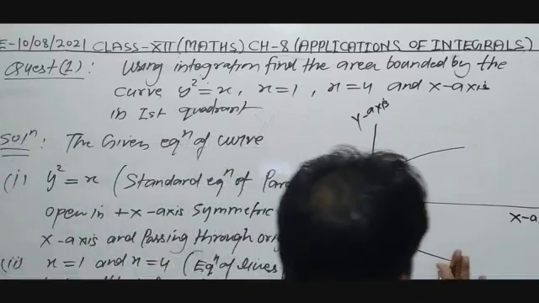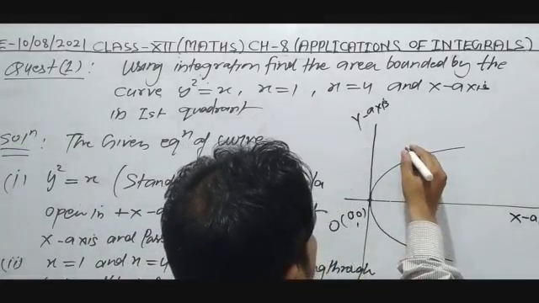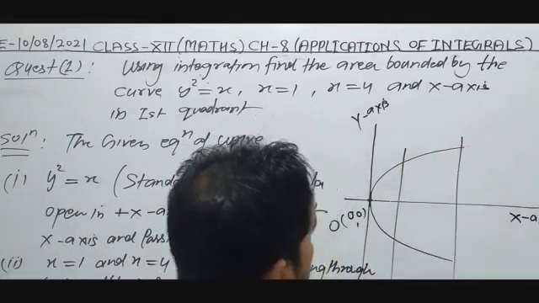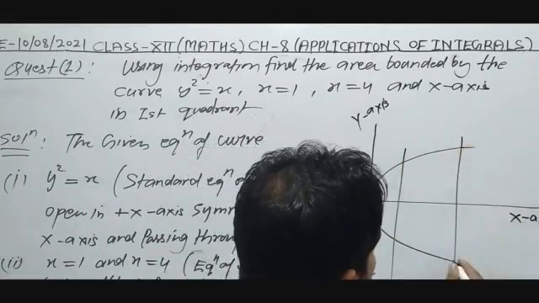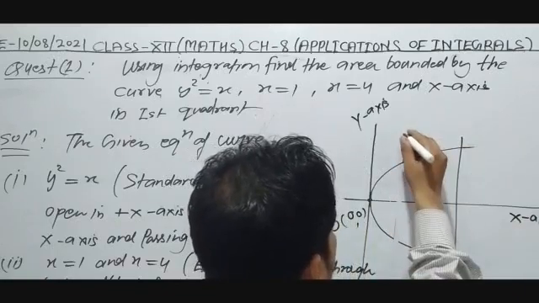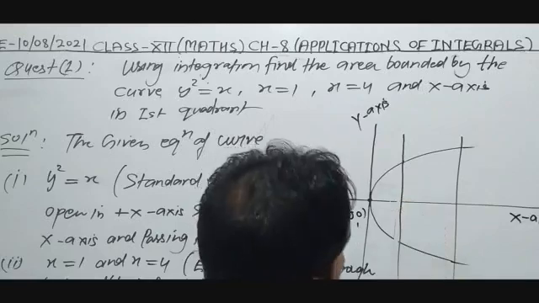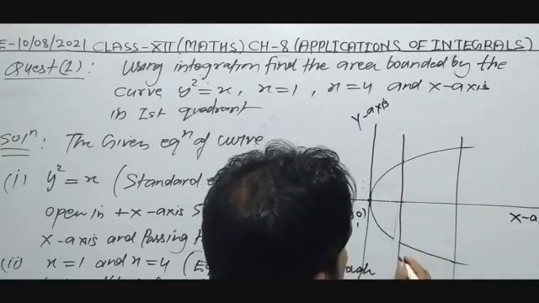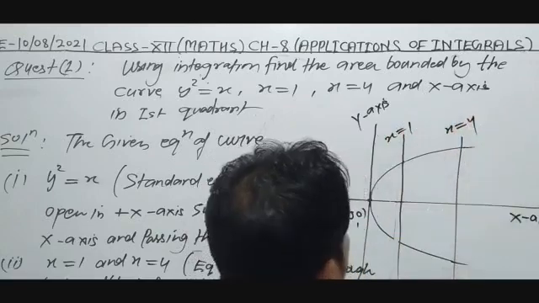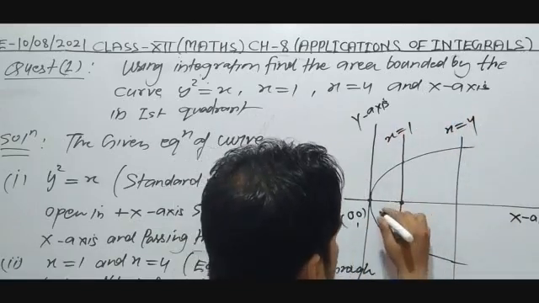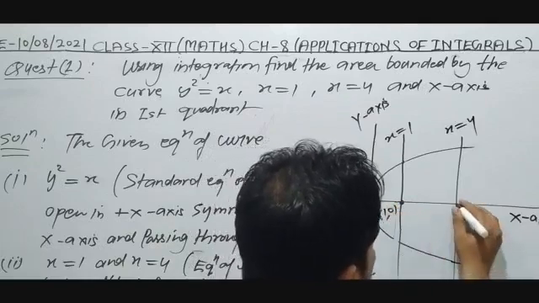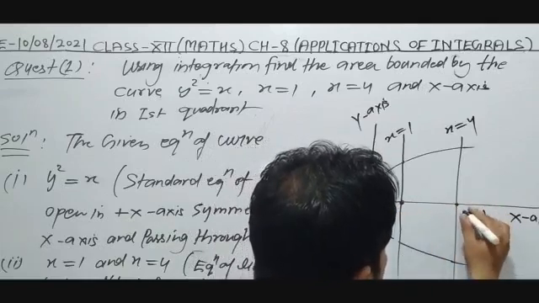Now consider, this is the line we have drawn. This is x is equal to 1 suppose, and x is equal to 4. This is the line x is equal to 1 and this is the line x is equal to 4, and now this coordinate is (1, 0) and this coordinate is (4, 0).